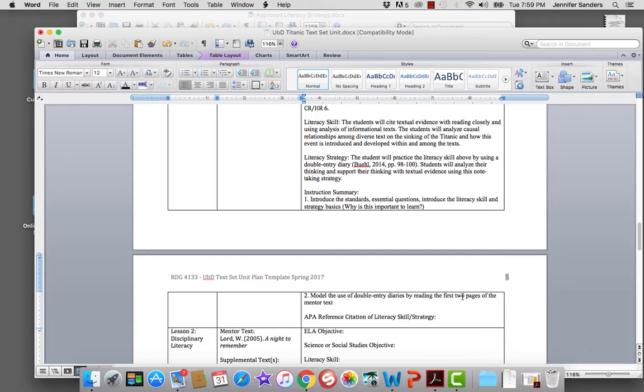Actually, I'm going to do the first 4 pages of the mentor text and how to achieve the literacy skill by using the double entry diary.